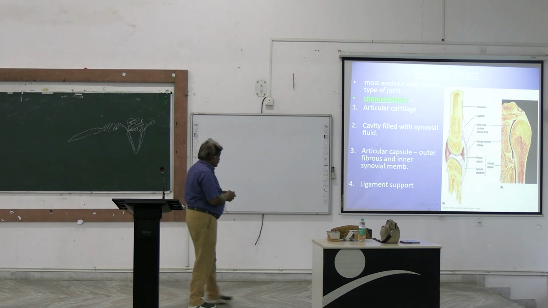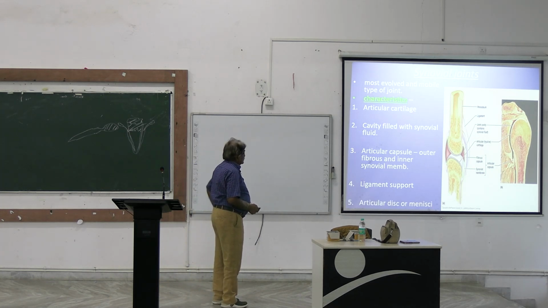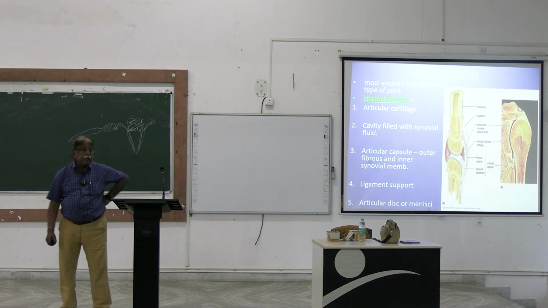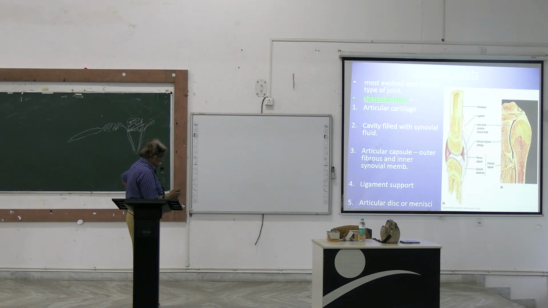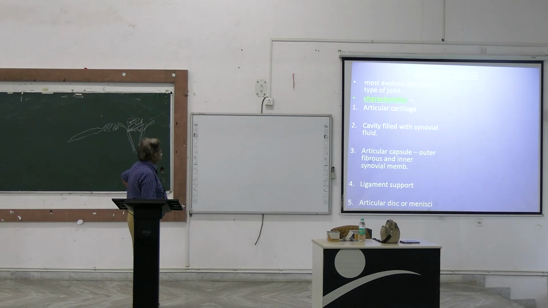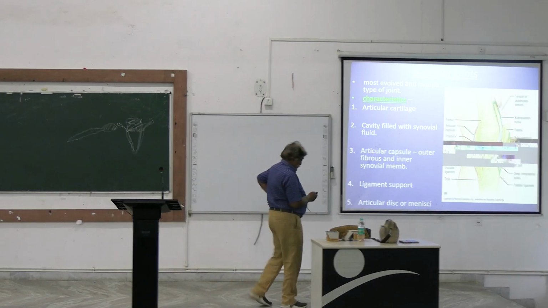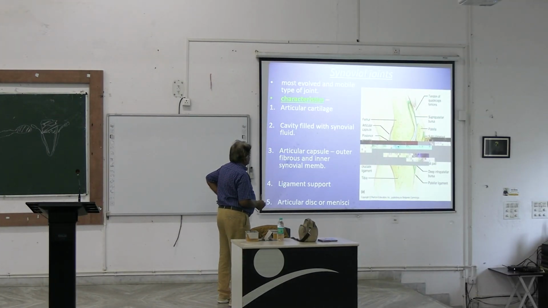Now, articular disc or menisci, the knee joint. You can see the knee joint. See, the knee joint, this is the patella, this is the lower end of the tibia, this is the upper end of the tibia, this is the lower end of the femur, the articular capsule is there.